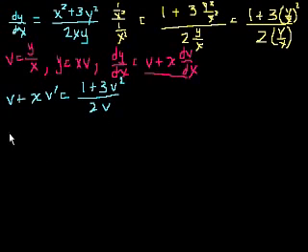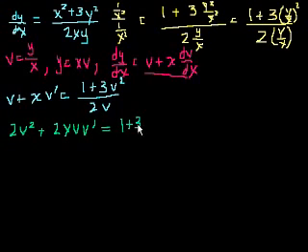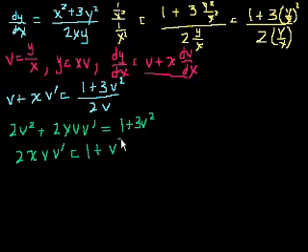And let's see, we'll get 2v squared plus 2xv v prime, right? 2v times that. Yep, that's 2xv v prime, is equal to 1 plus 3v squared. Now let's subtract 2v squared from both sides of this, and we will be left with 2xv v prime is equal to 1 plus, we're subtracting 2v squared from both sides, so we're just left with a 1 plus v squared here, right? 3v squared minus 2v squared is just v squared.